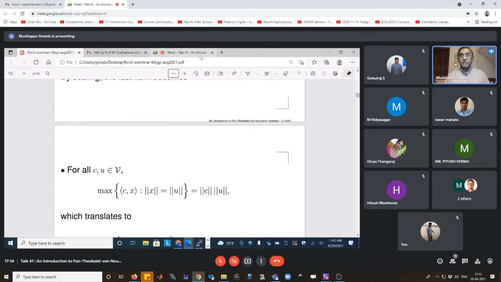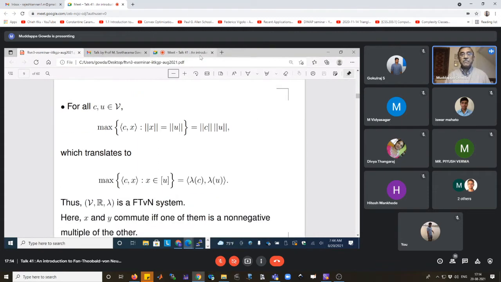And replacing all the norms by the corresponding lambdas, this translates to maximum c dot x such that x is in the lambda orbit of u is nothing but lambda c dot lambda u. And notice that this is the third item in our definition of FTVN system.